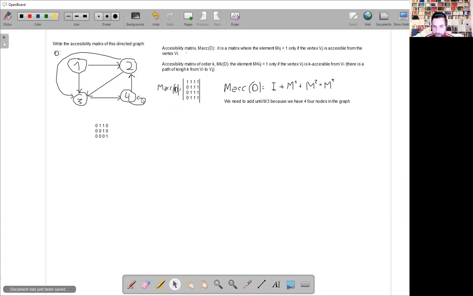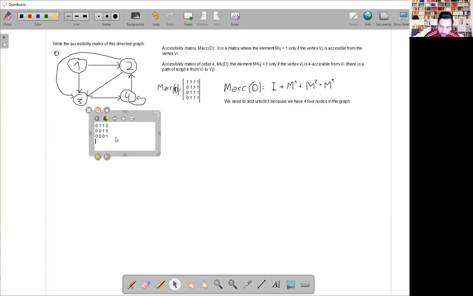In the node 4, we have 2 paths, 1 to 2, right? So 1 to 2, and the other to 4, right? And I'm done, right? I finished. So this is the accessibility matrix of order 1.